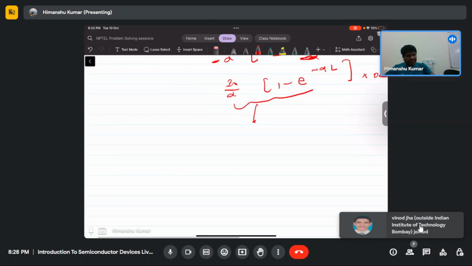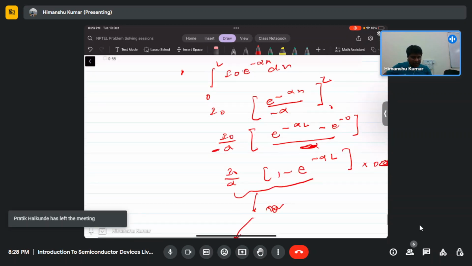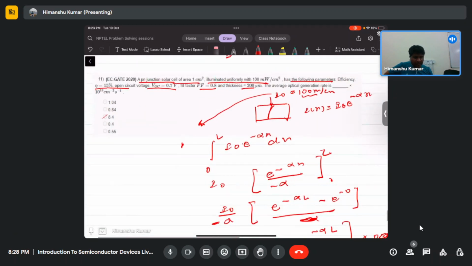If we multiply the number of photons by the efficiency, then we can get how many electron hole pairs are getting generated.